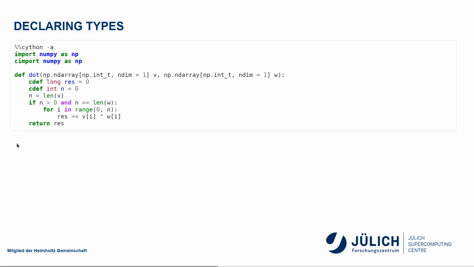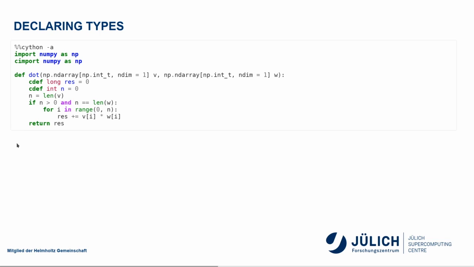I also specified here that my result is actually a long integer. And I also define n here as an integer. n then is the length. I'm still checking the same conditions as before. And I still do the same loop.